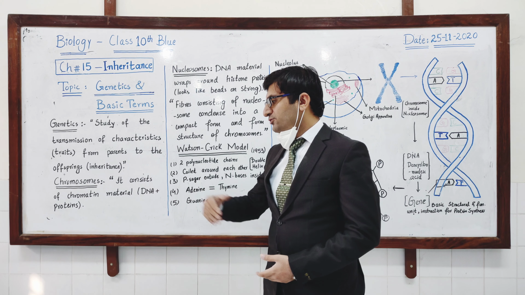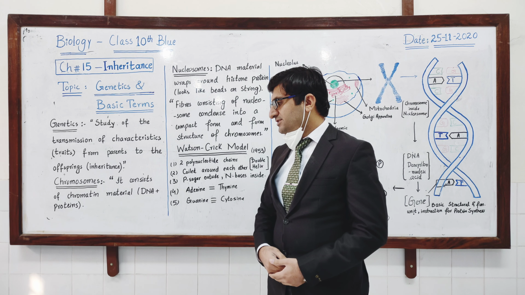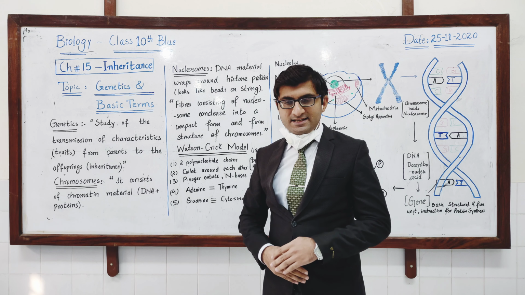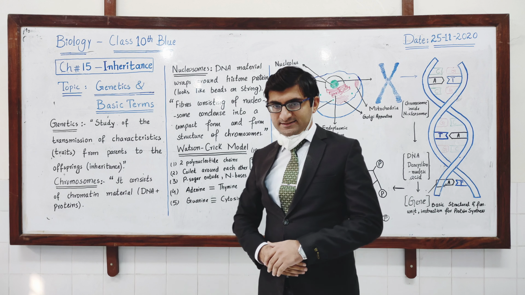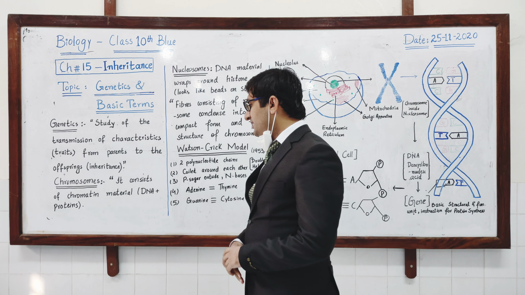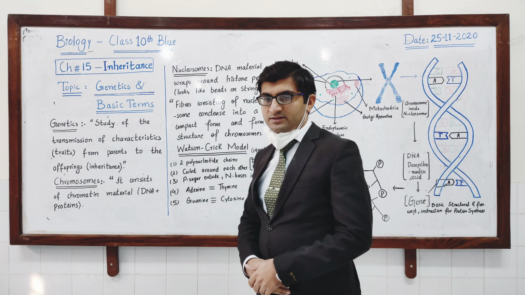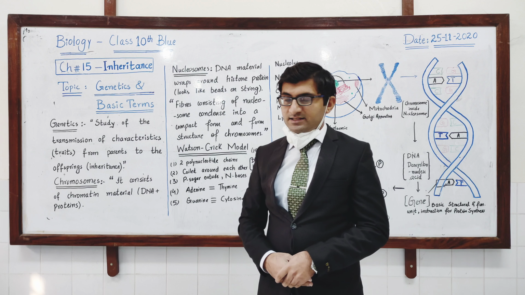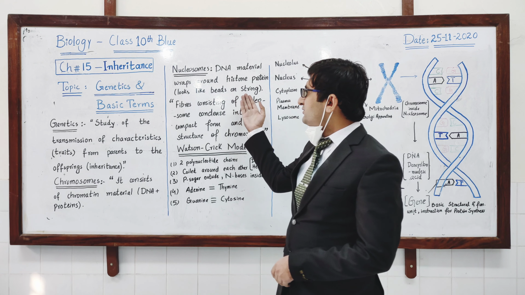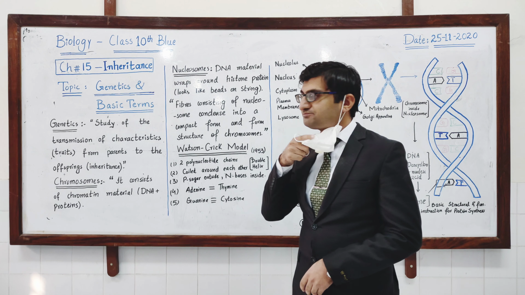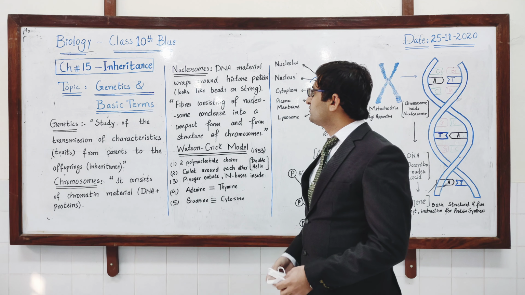What are chromosomes? Chromosomes consist of chromatin material, that is DNA and proteins. The proteins are histone proteins, used in wrapping the DNA around them.